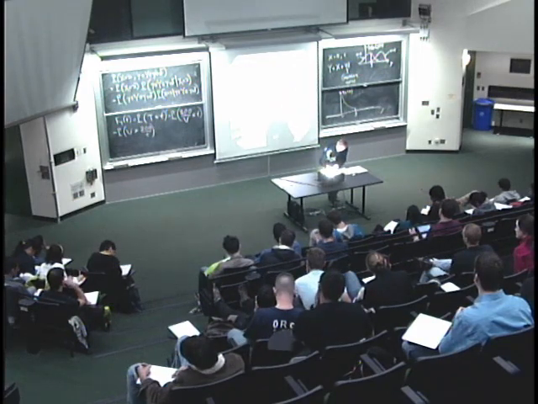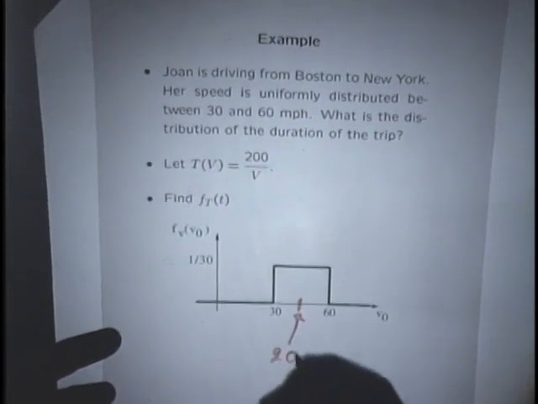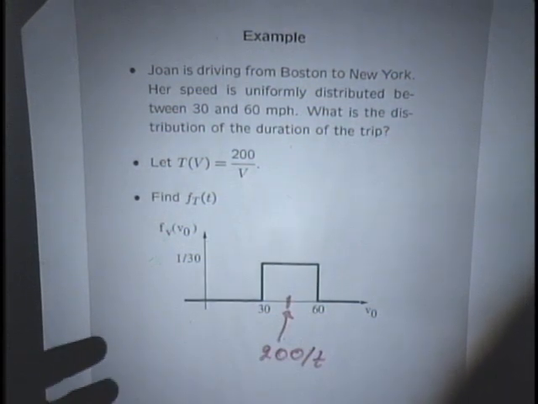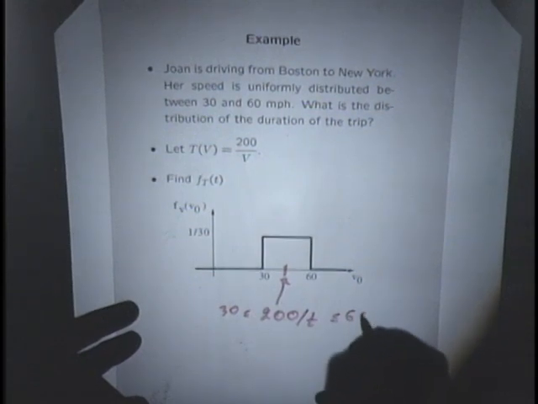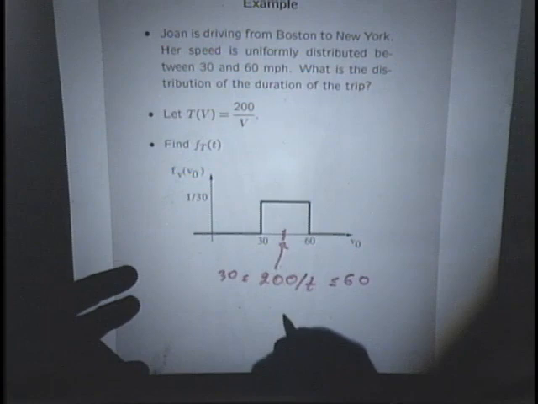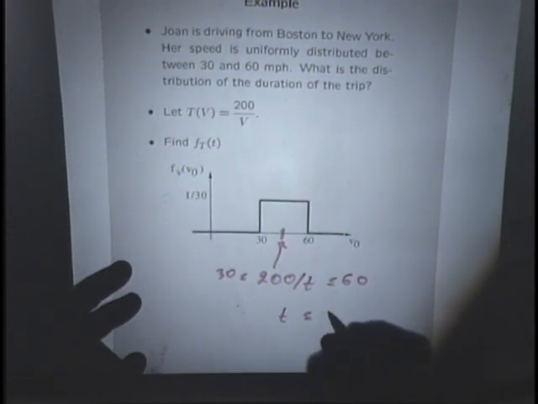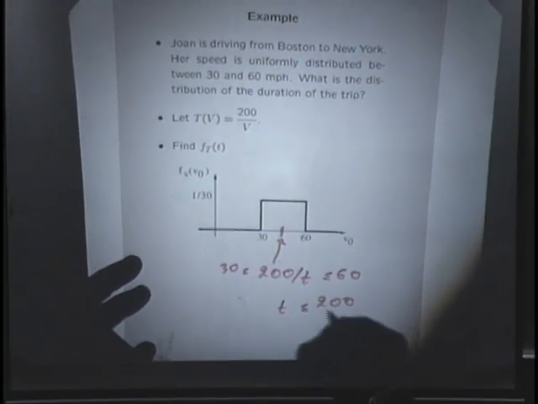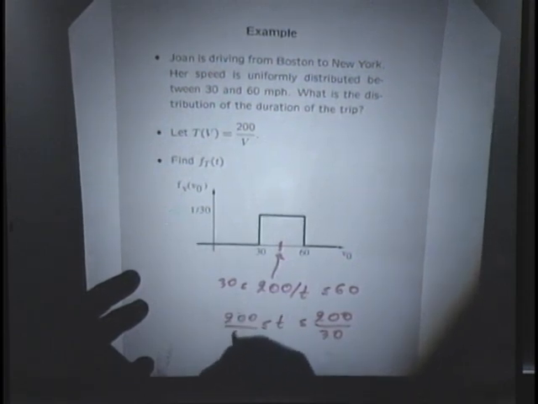So let's say that 200 over T is some number that falls inside this range. So that's going to be true if 200 over T is bigger than 30 and less than 60, which means that T is less than 200 over 30, and bigger than 200 over 60.